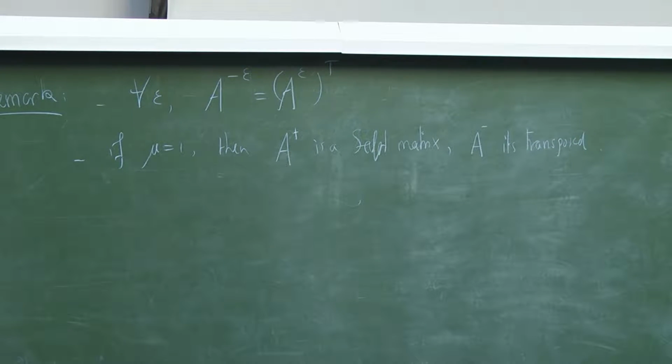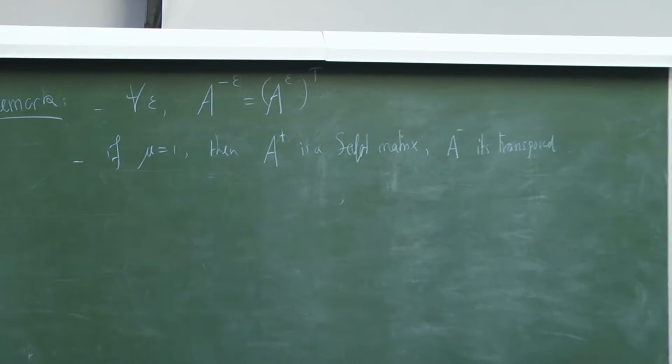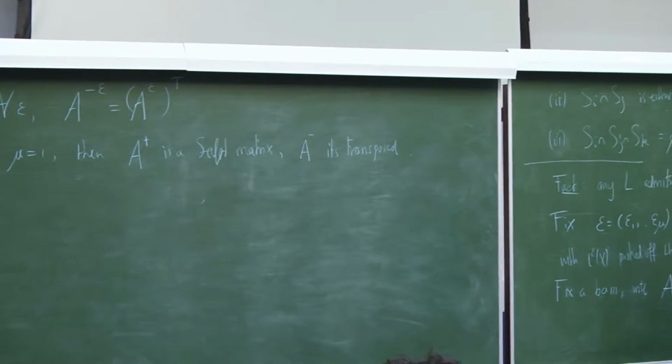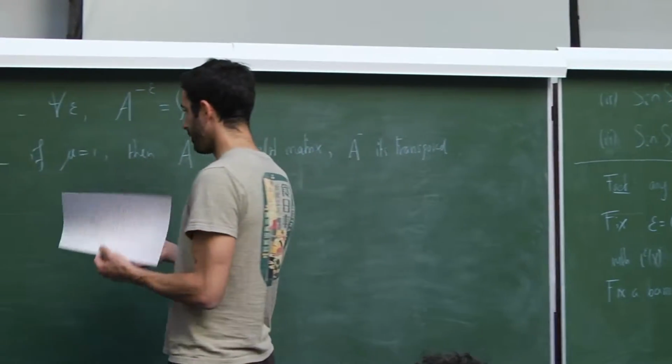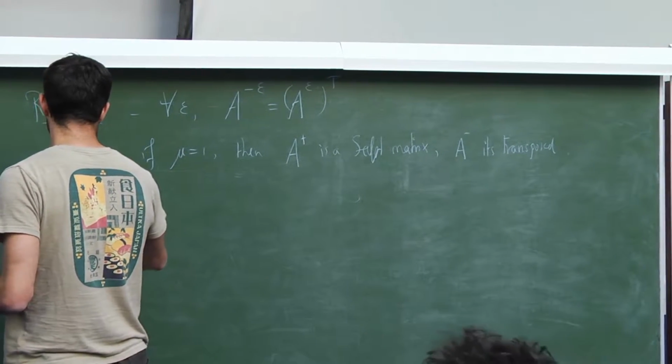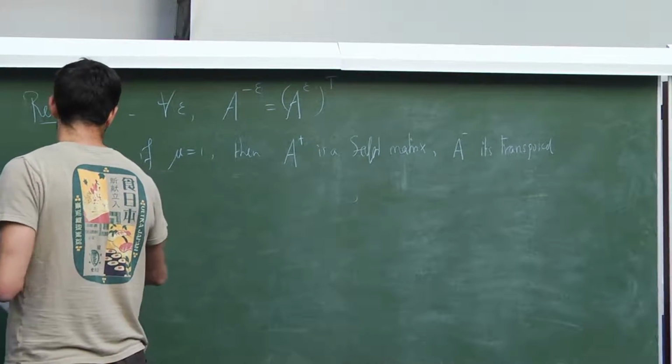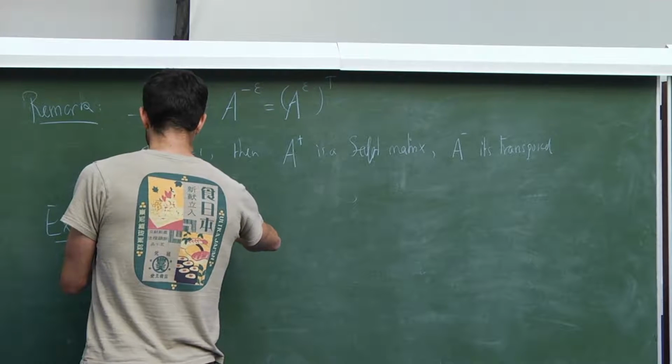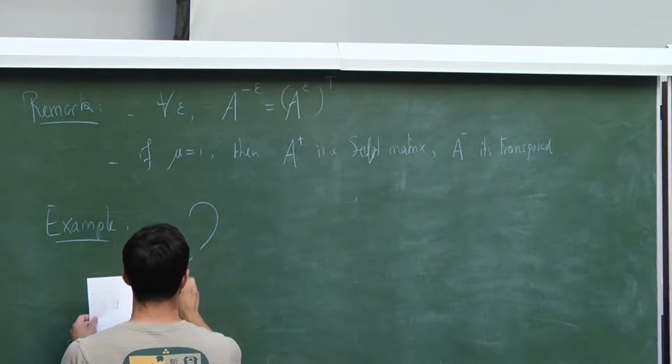Okay, so let's see how I'm doing. Maybe I'm going to just give you a very short example, just to show you that these things are very elementary to compute. I'm going to take again this Whitehead link I had started with.